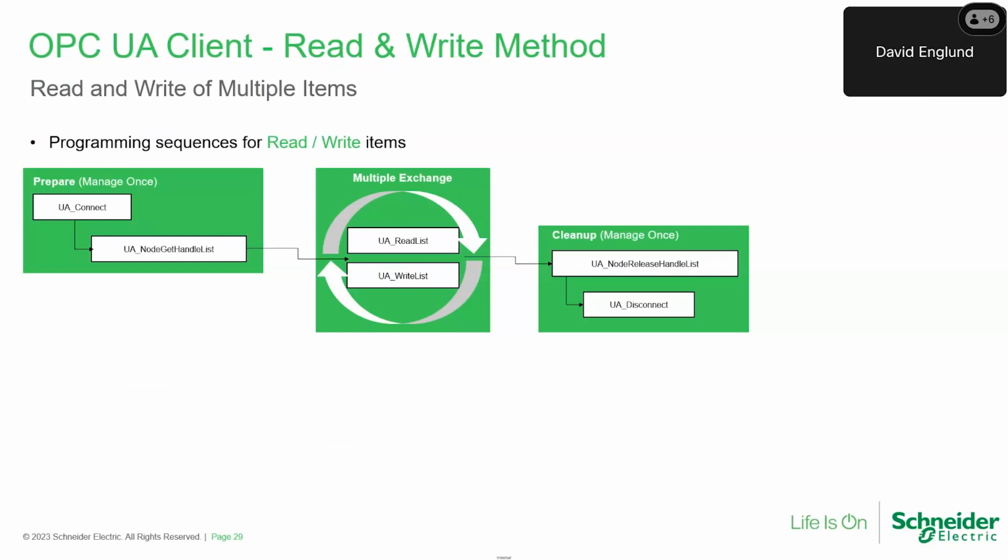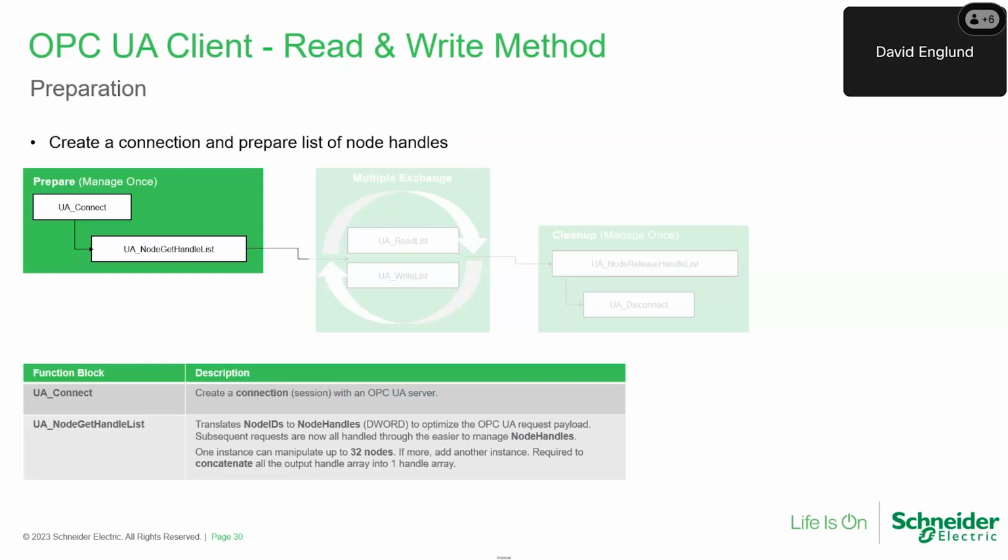There's a slightly different programming sequence for reads and writes, which are our explicit data exchanges, versus subscriptions, which are pulled data exchanges. First, we will look at explicit reads and writes. So the programming sequence is to prepare the connection, then perform as many explicit data exchanges as needed, and then clean up the connection.